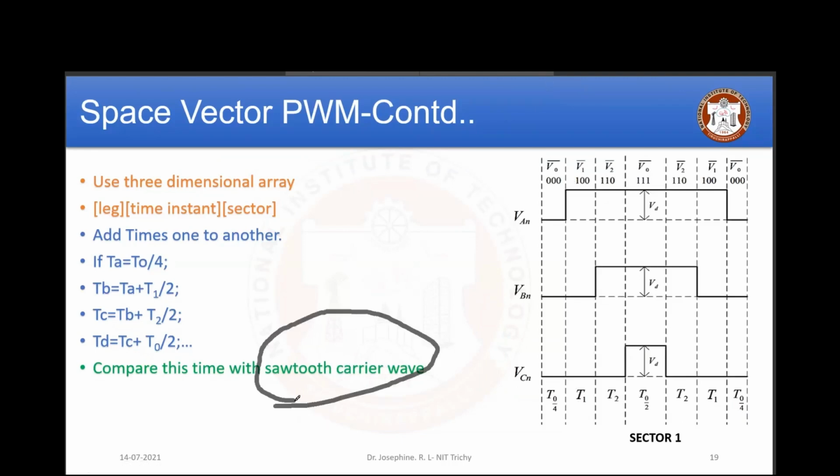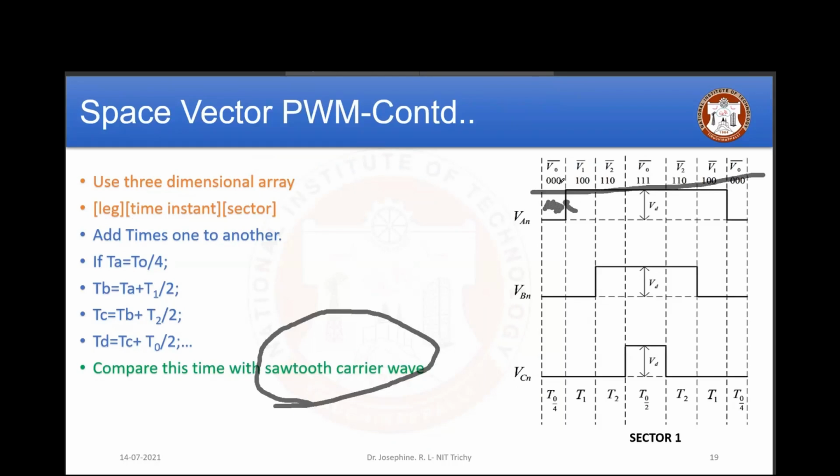I think the theory is somewhat complex. To some extent, I think you understand. First, you have to identify your sector. Once you identify your sector, there is a three-dimensional array like this, and at each time instant you have a specific vector of this sequence. See here, 0, 0, 0 means A phase, B phase, and C phase.